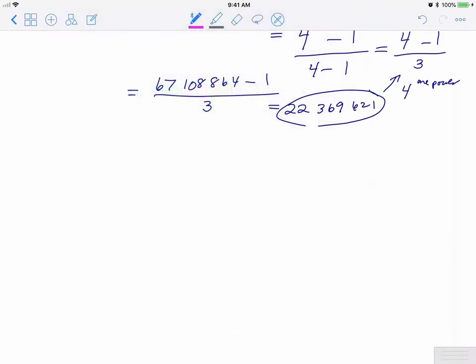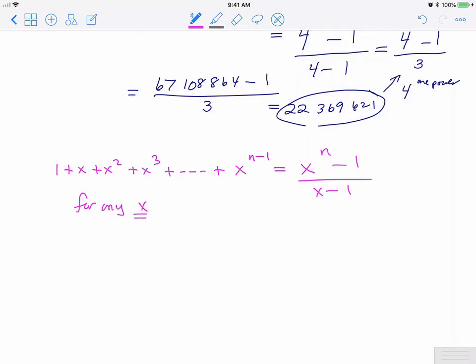Again, we're using 1 plus x plus x squared plus x cubed, and keep going until you get to x to the n minus 1. The answer to that is going to be x to the n minus 1 over x minus 1, for any value of x that you pick, and any value n that you pick, so long as n is a positive number.